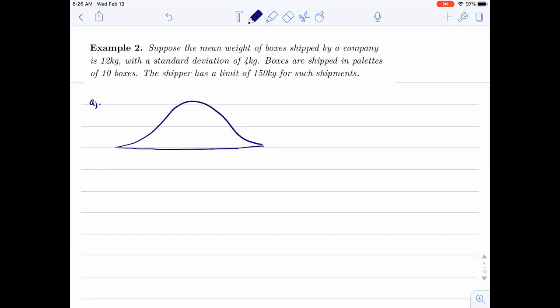Okay? So I guess using it a little early, but it's okay. So we're told that we have a mean of 12 and a standard deviation of 4. Okay? And what we want to know is the probability that the mean exceeds 15.